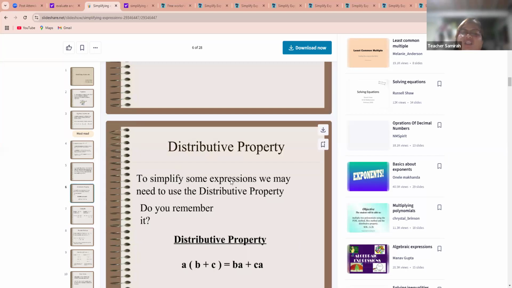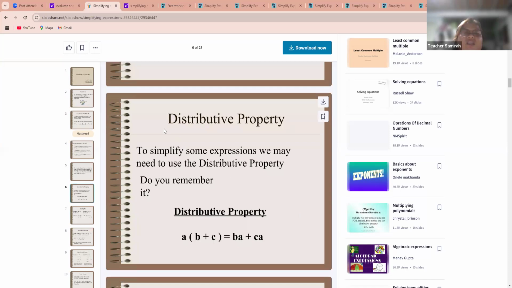So what is a distributive property? To simplify some expressions, we may need to use the distributive property. How do we use it? There is this model: A times (B plus C) is equal to BA plus CA.